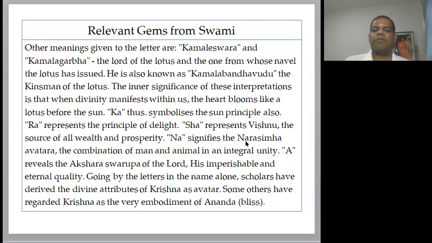Na signifies Narasimha Avatara, the combination of man and animal in an integral unity. A reveals the Akshara Swarupa of the Lord, his imperishable and eternal quality. Going by the letters in the name alone, scholars have derived the divine attributes of Krishna as avatar. Some others have regarded Krishna as the very embodiment of Ananda, bliss.